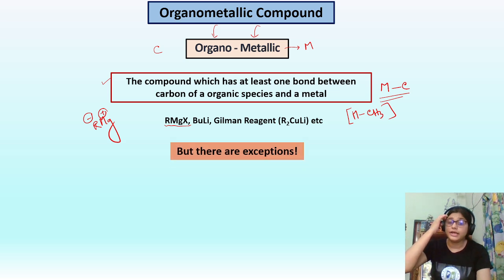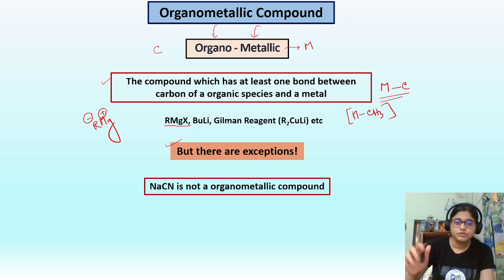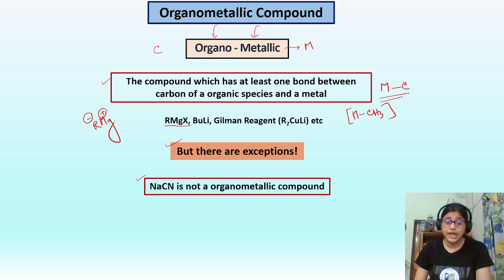But there are exceptions. What are the exceptions? NaCN is not an organometallic compound. So why are we thinking that it can be an organometallic compound? Because it has CN.